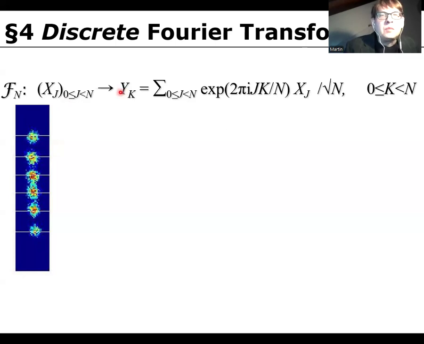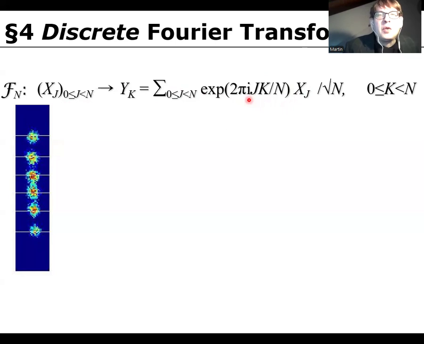And the output is a linear combination of these input vectors, each one with a different complex unit weight given by this exponential function with imaginary argument.